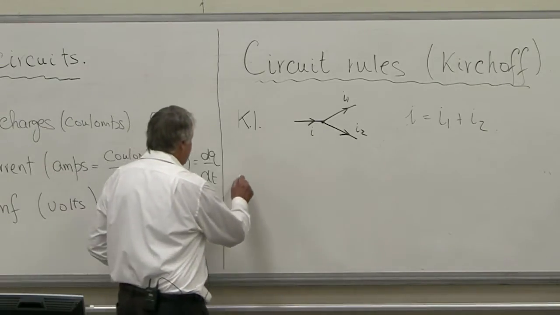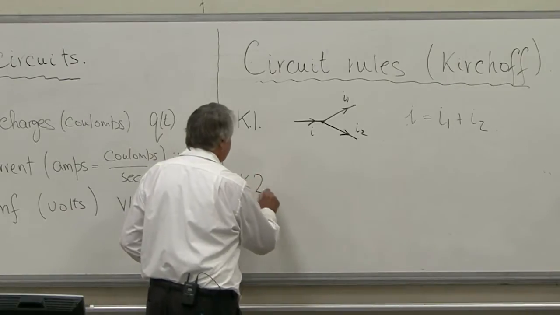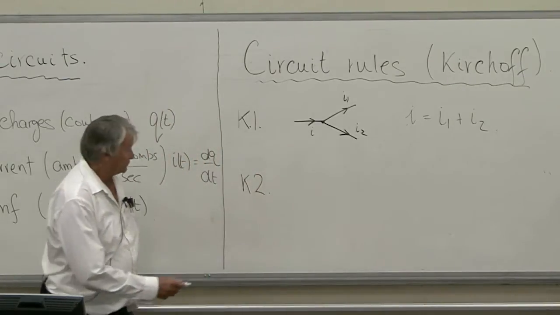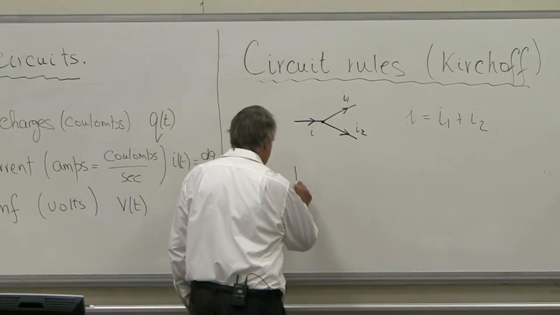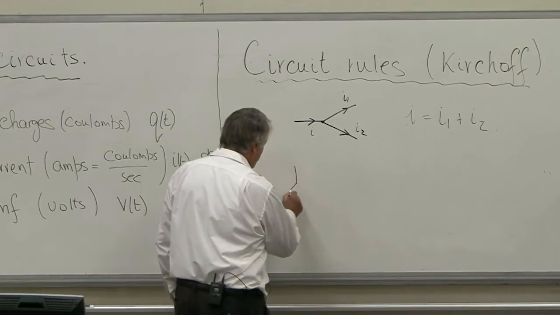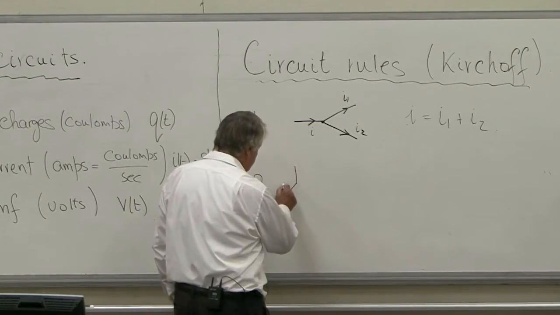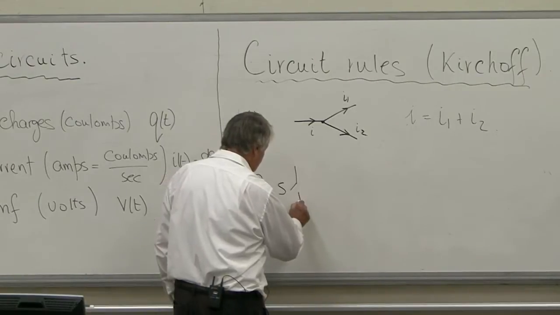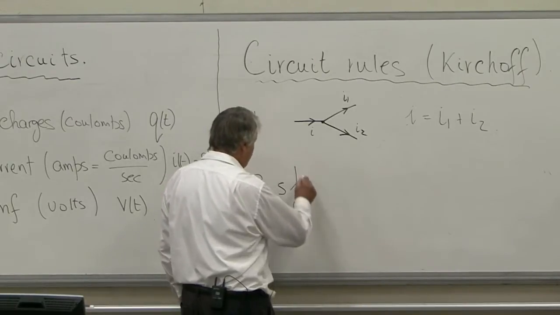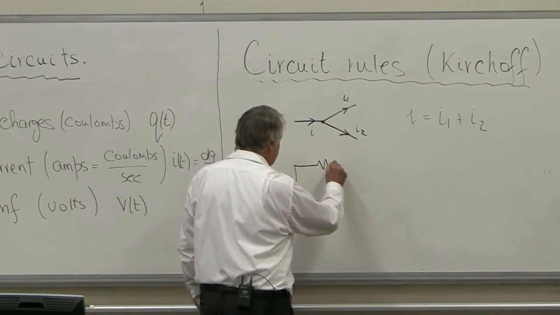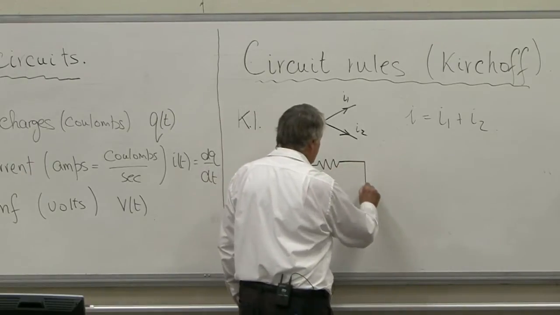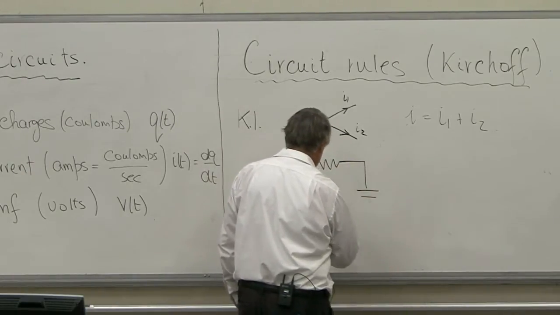The second law is as follows. Around any closed circuit, so I'm going to draw a circuit here. This is a switch. Maybe I have a source of EMF here. I have a resistance. I have maybe a capacitance.